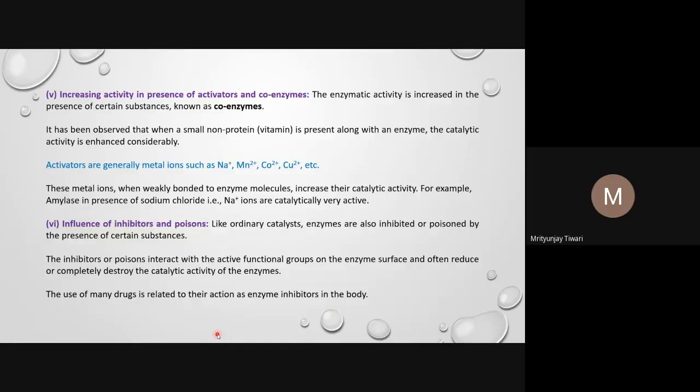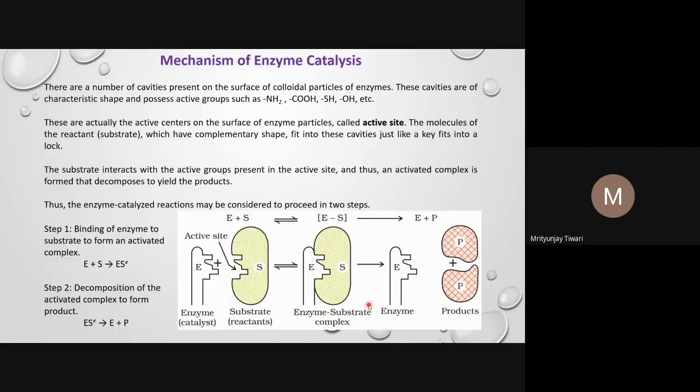The drug will go and bind with that enzyme in such a way that the enzyme becomes nonfunctional, and so the drug may work in that direction. So this is one example: many drugs are related to their action as enzyme inhibitors in the body.